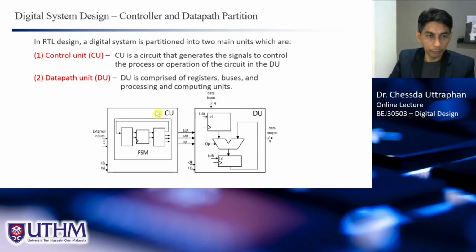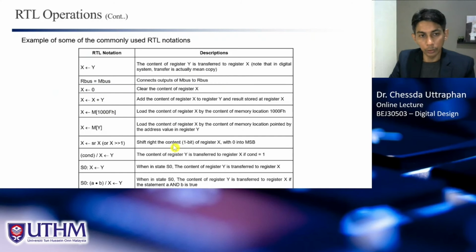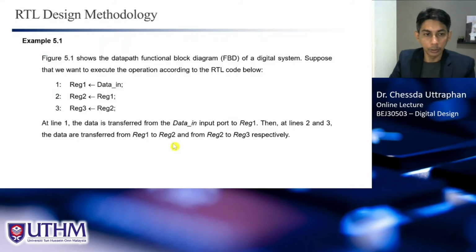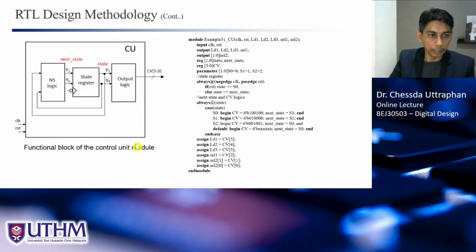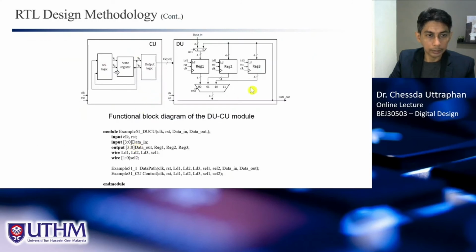We need to have the CU connected to the DU, and we have the DU already, and we also have the CU. Now we want to connect the two such that we have this. To connect both is actually very easy because we have these two already.